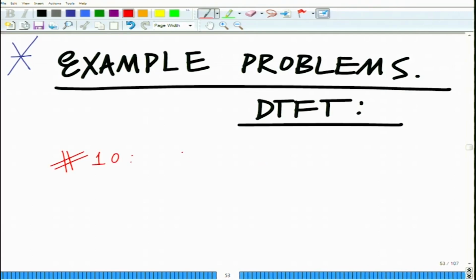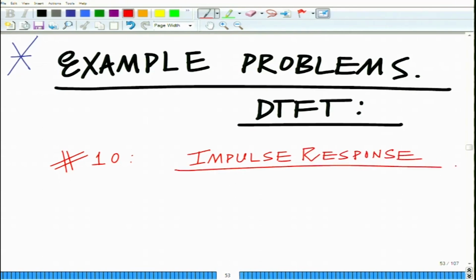Now this problem deals with the difference equation, or the impulse response in fact, of the given discrete time system.